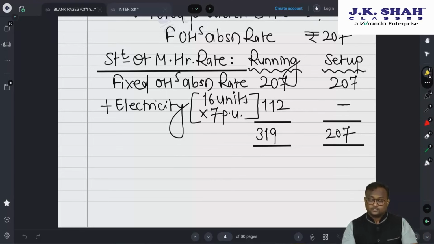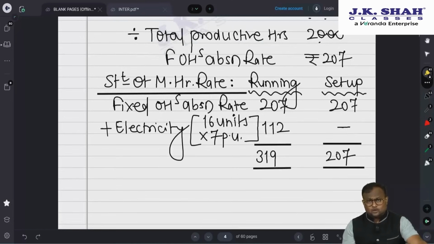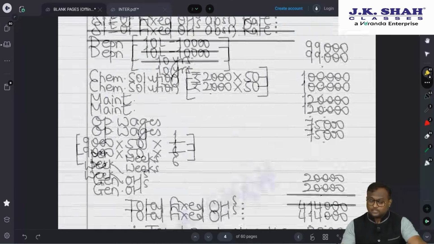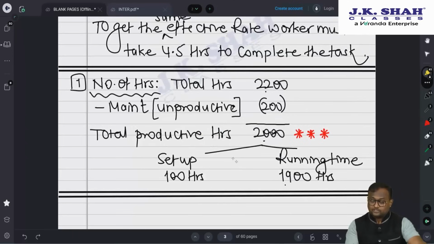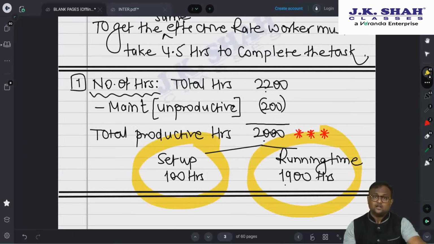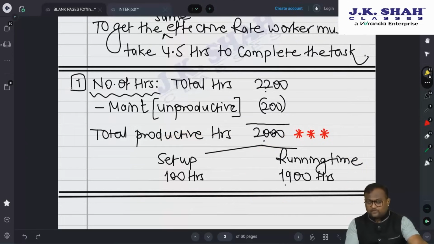So, I hope you guys have understood this. Guys, there are 2 productive phases, there cannot be one single rate. Alternatively, ICAI has given you a different solution in RTP, doesn't matter. This is what we have done, this is what is right.